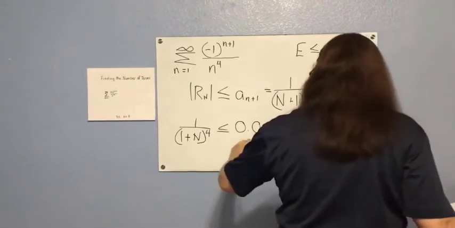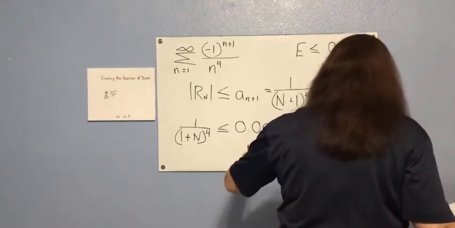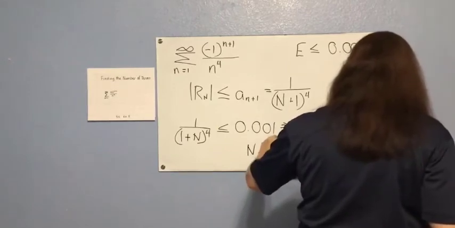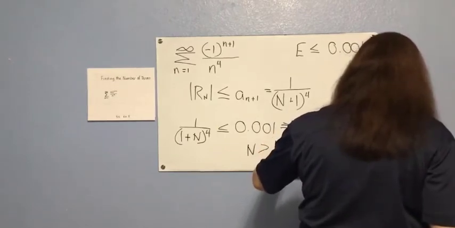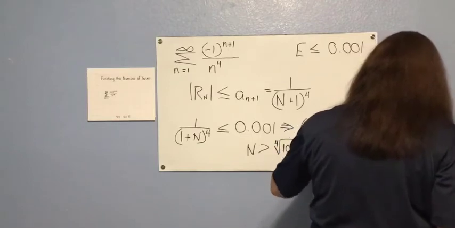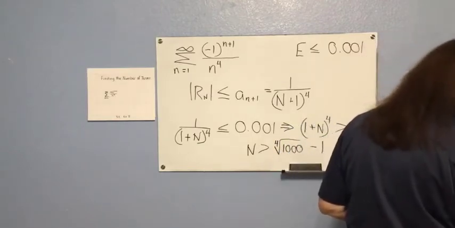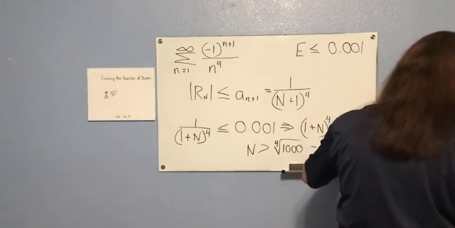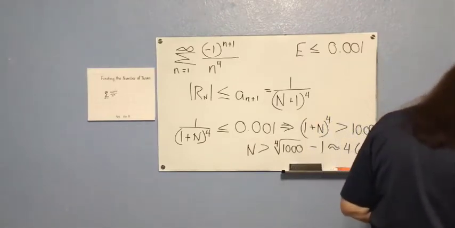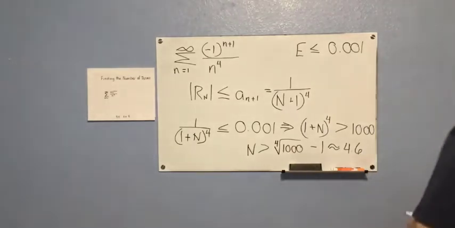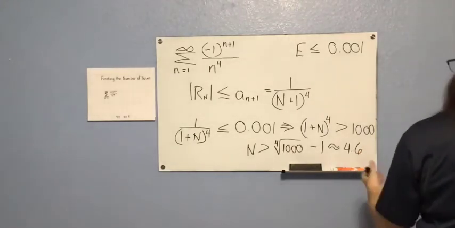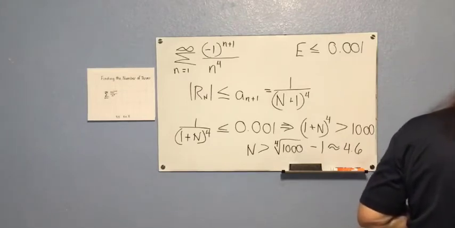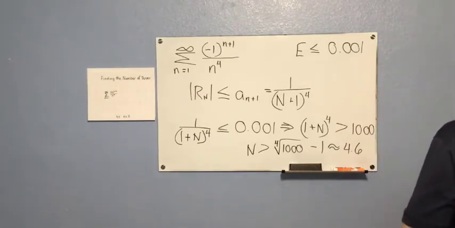And so n must be greater than the 4th root of 1,000 minus 1, which is approximately 4.6. So I need to round this up. I can't have 4.6 terms, so I need to have at least 5 terms to get the accuracy that I want.